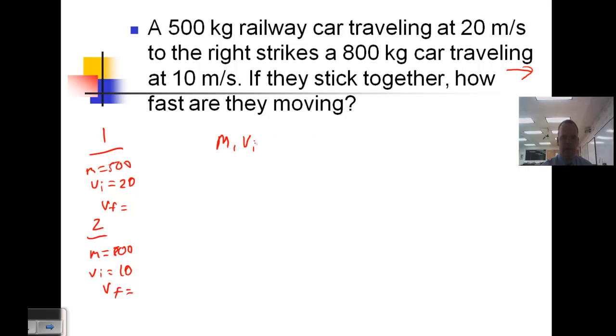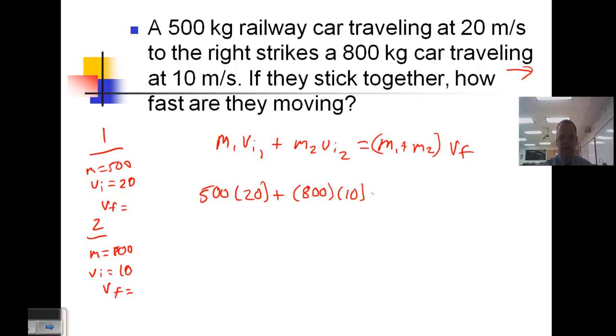So m1 v1 initial plus m2 v2 initial equals m1 plus m2 times v final. So 500 times 20 plus 800 times 10 equals 500 plus 800 times v final.